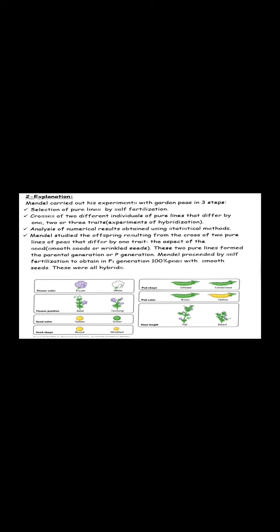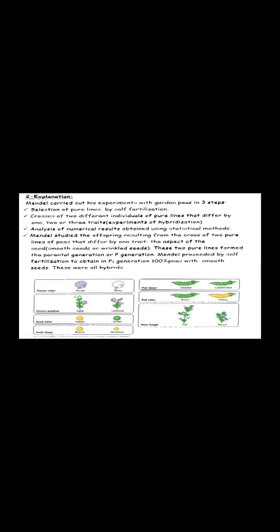He deduced that the smooth dominates the wrinkled, and thus he named the smooth a dominant allele, a dominant trait. The parents we represent by the letter P, and the F1 generation is the offspring.